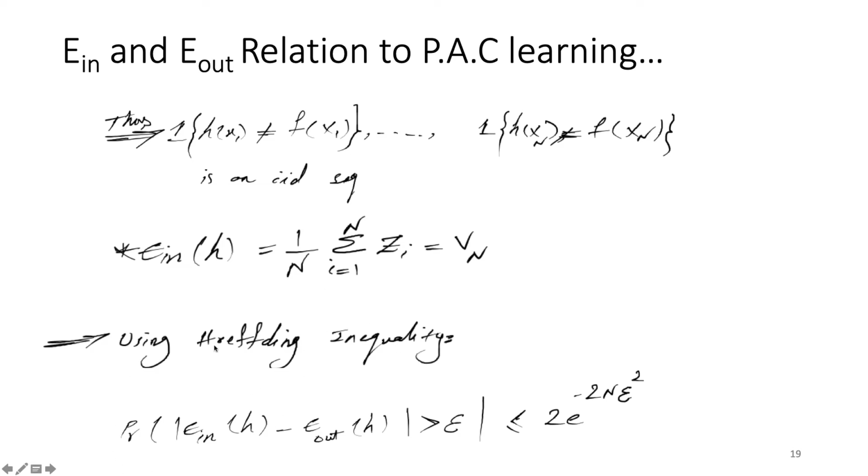Using Hoeffding's inequality, we can plug it in and say the probability that the in-sample error of hypothesis h minus the out-of-sample error of hypothesis h, in absolute value, is greater than epsilon, is smaller or equal to 2e^(-2 epsilon squared n), okay? Remember, we call this delta.